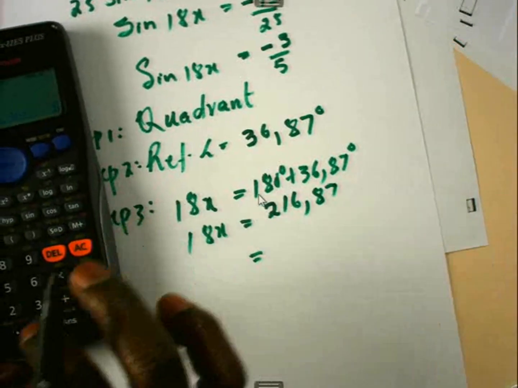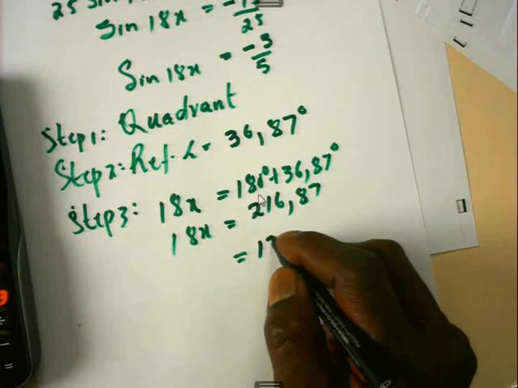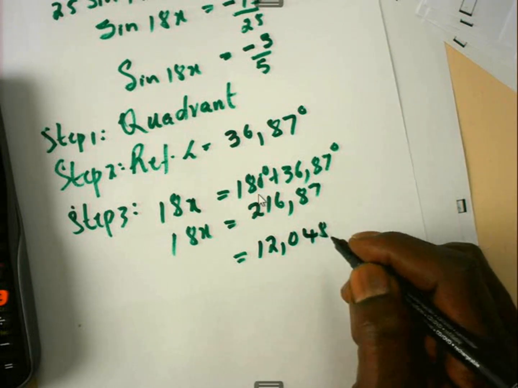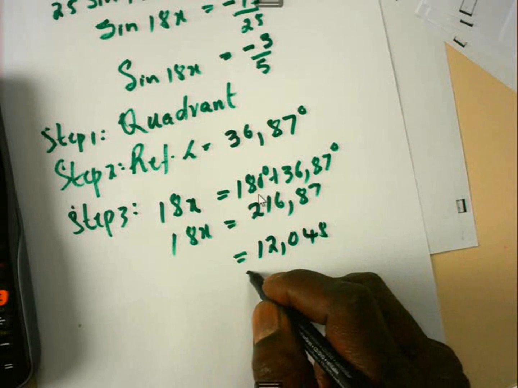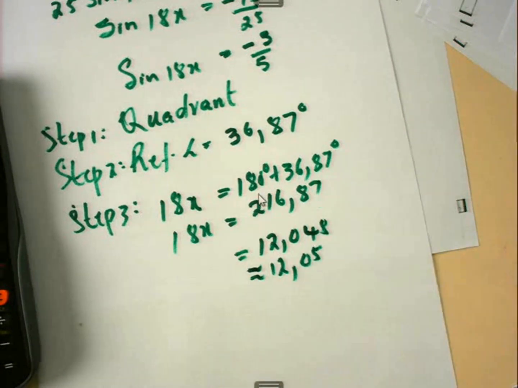Dividing this by 18, I'm having 12,0448, which will be approximately 12,05.